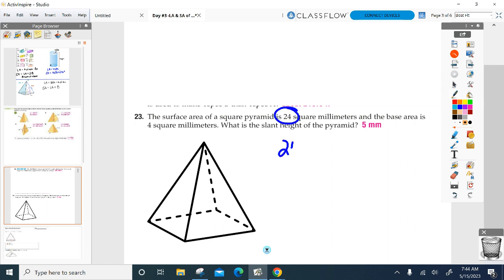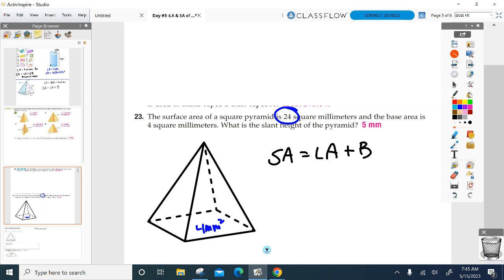All right, so I'm giving you the surface area here is 24. So I know it's going to start out 24 equals, because that's my surface area. The base area is 4 square millimeters. That's my B, right? When I do surface area, let me start with the actual formula.